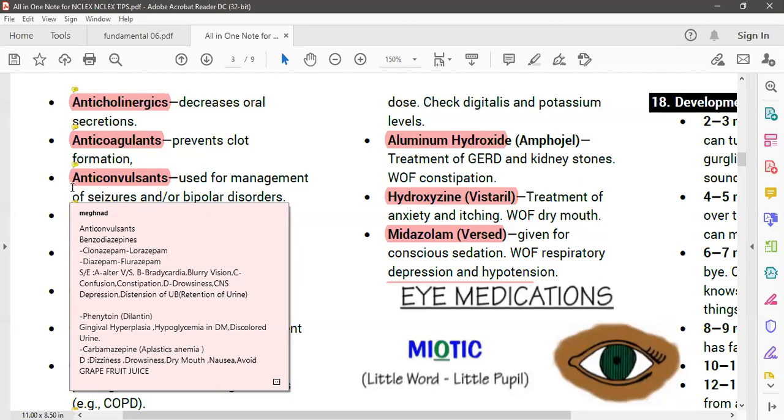NCLEX board asks a common question, the side effect of phenytoin. That is called gingival hyperplasia, or it's called hypoglycemia in diabetic patient, or discoloration of urine. It is the common side effect of phenytoin.